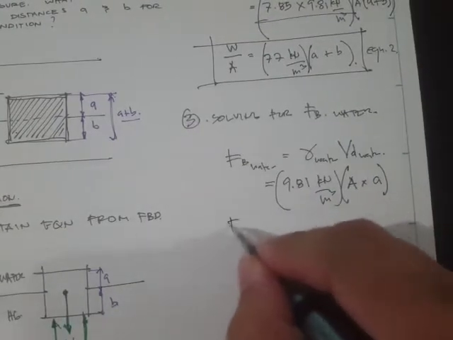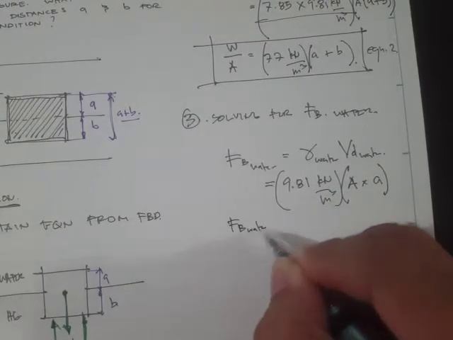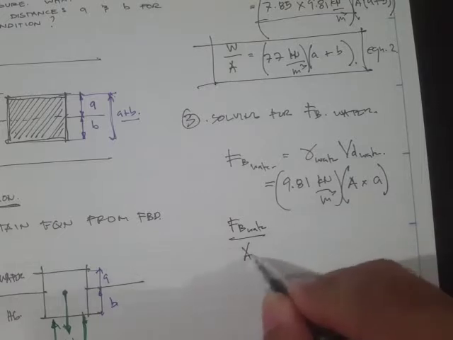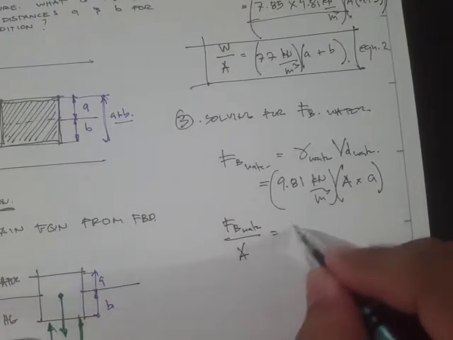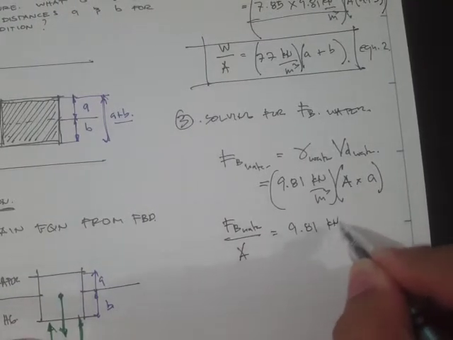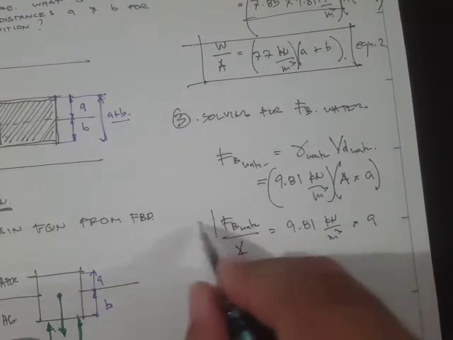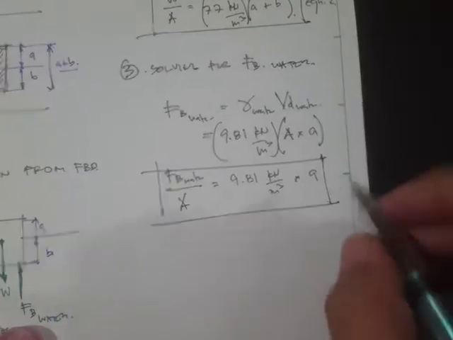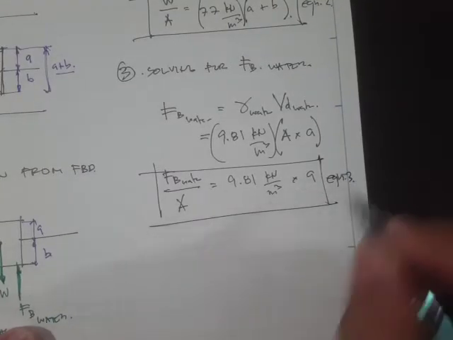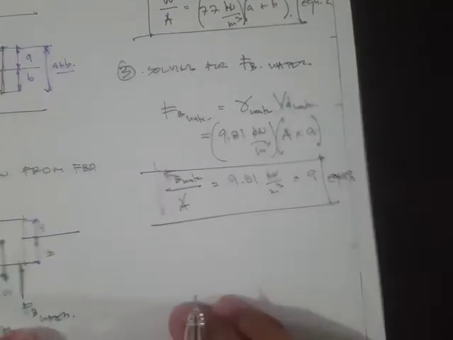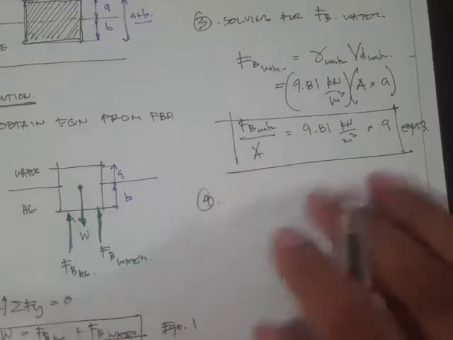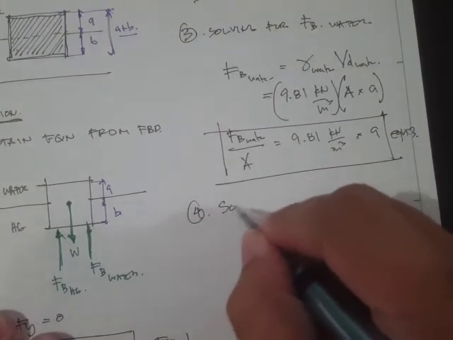Therefore, we can also express this buoyant force per unit area as 9.81 kilonewton per meter cube times the depth. Now let's say this is our equation number 3.